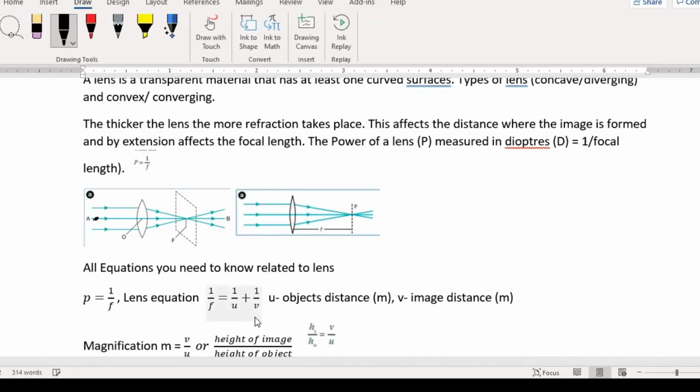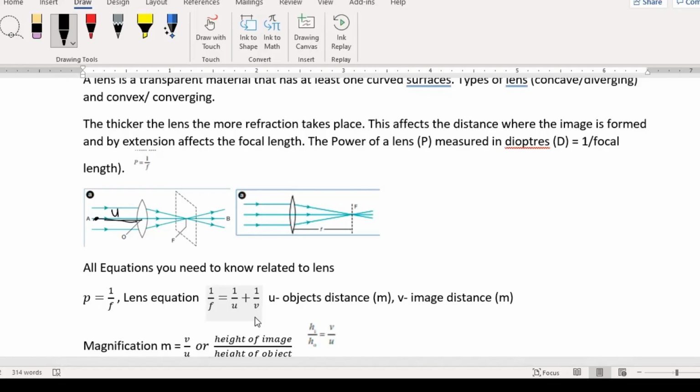So the object is always on the left side, which is technically in front of the lens. So this portion here where the light rays are going towards the lens is called the front of the lens. And if you were to measure the distance from the optical center to where the object is located, then that will be considered as your object's distance. It can be in meters, it can be in centimeters, you name it. So I will refer to that distance as U.